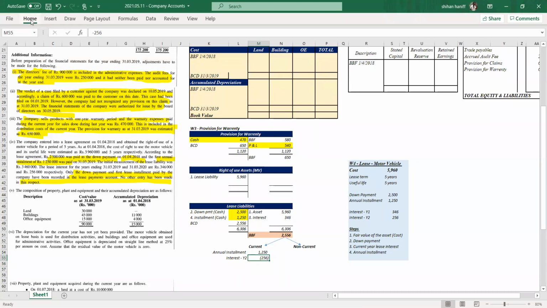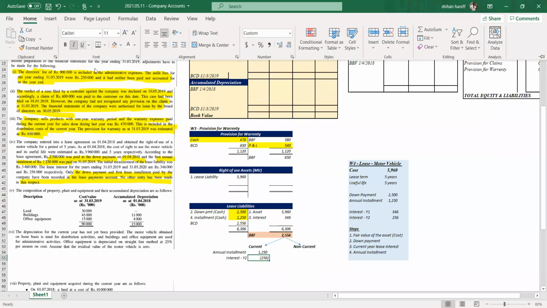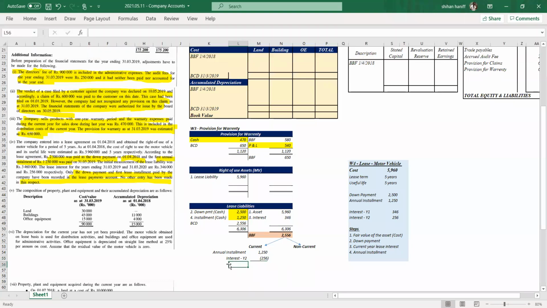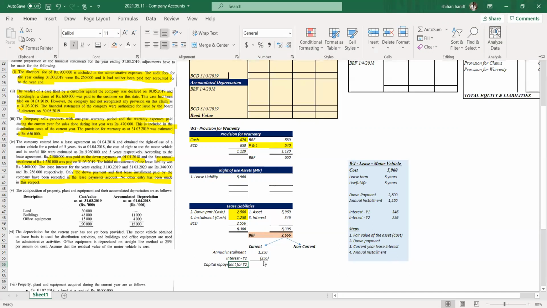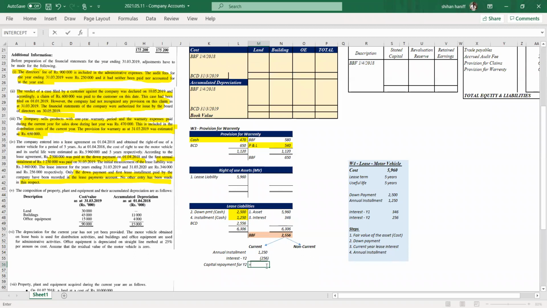Therefore, next year capital repayment. Capital repayment for year 2 is 1,250 minus 256, which is 994.